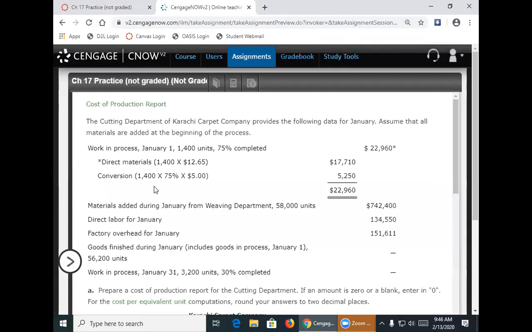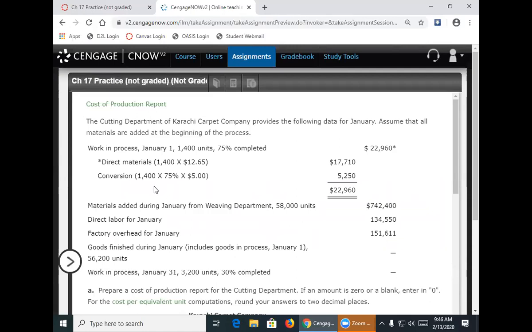Then we're going to have to assign costs to beginning inventory, what was started and completed, and ending inventory. So remember, with the cost of production report, that's our goal for each work in process account.